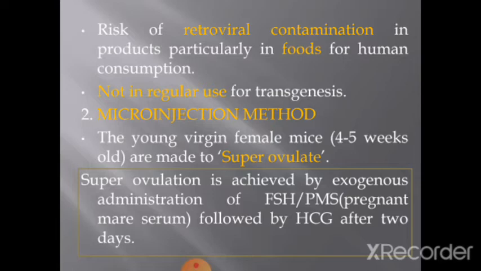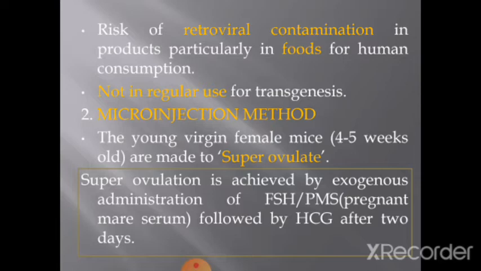The young virgin female mice. Virgin means the females which have not copulated with the males. They are virgin females of 4 to 5 weeks age, around 1 month. So the young virgin female mice are made to superovulate.